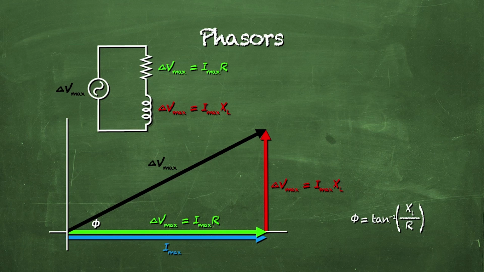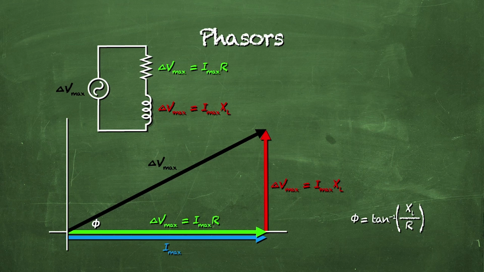So delta V max is equal to I max times XL, represents the phasor of the voltage across the inductor. Now we add those two voltage phasors just like we do vectors. So delta V max across the entire circuit is the hypotenuse, as you can see here.